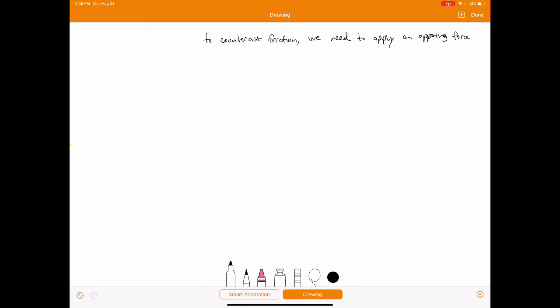So you're providing an opposing force. And the thing we know about friction is that it's non-conservative. So that automatically makes your opposing force non-conservative.